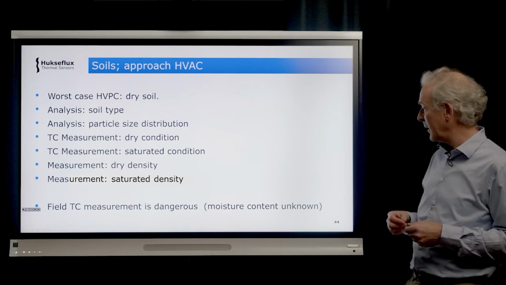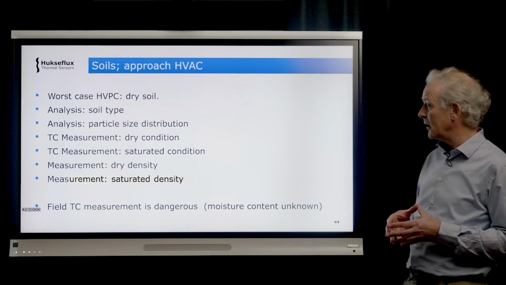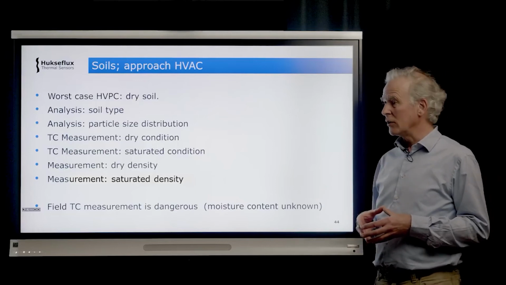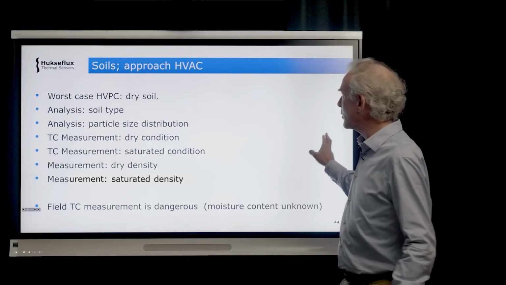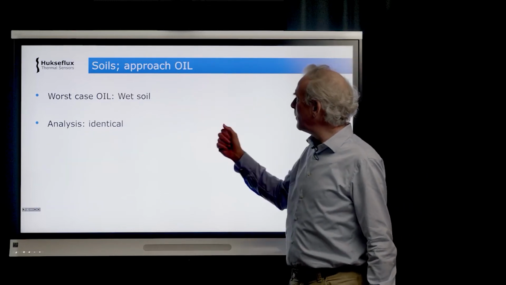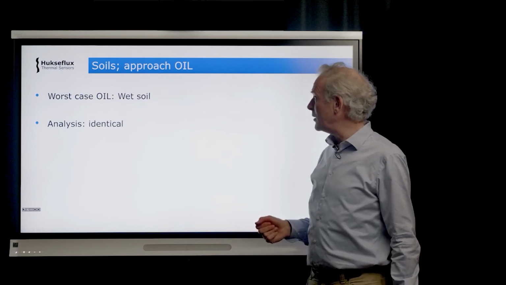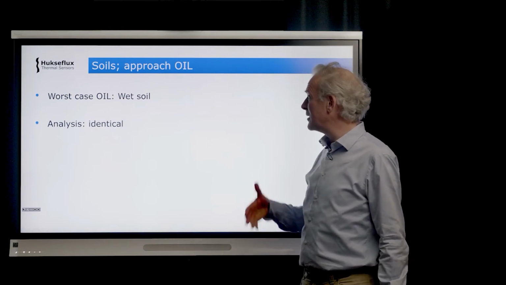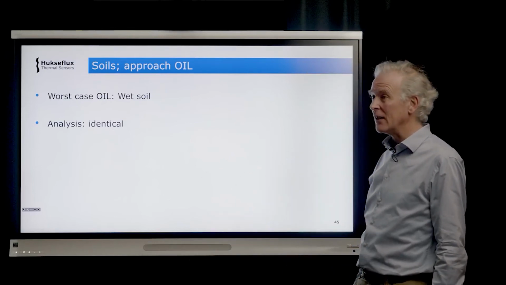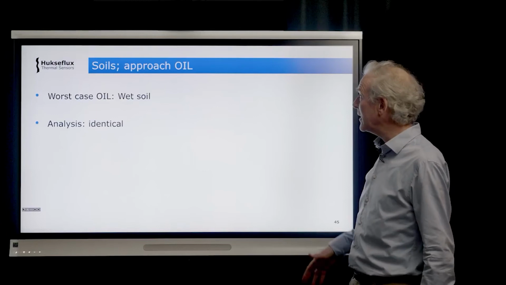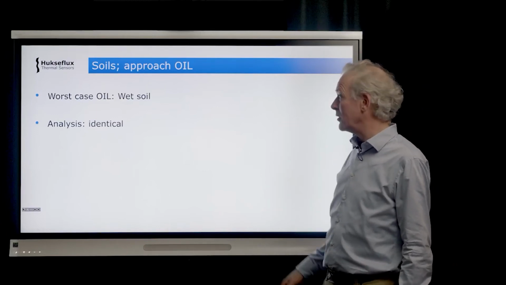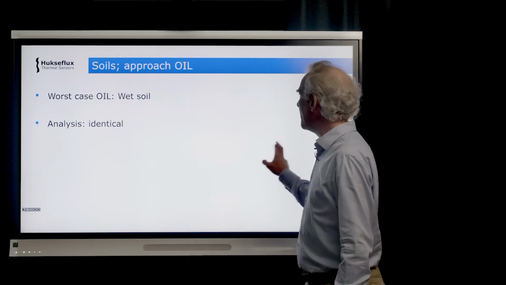And we get back to that later, but moisture content is a variable that has a big influence on the soil thermal conductivity. In oil applications, we already discussed, wet soil is the worst case situation, but the analysis of soil thermal conductivity is basically identical. The only thing is that the focus might be on the saturated situation rather than the dry.